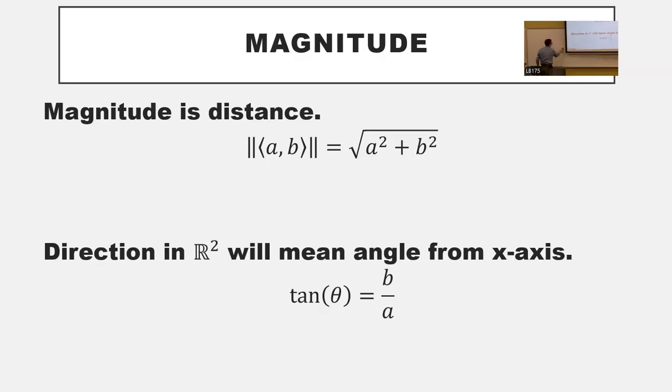Depending on what quadrant the angle's in or the vector's in, theta might be the inverse tangent of b over a, but it also could be pi plus the inverse tangent of b over a. You know what I'm saying? We've dealt with that before too.